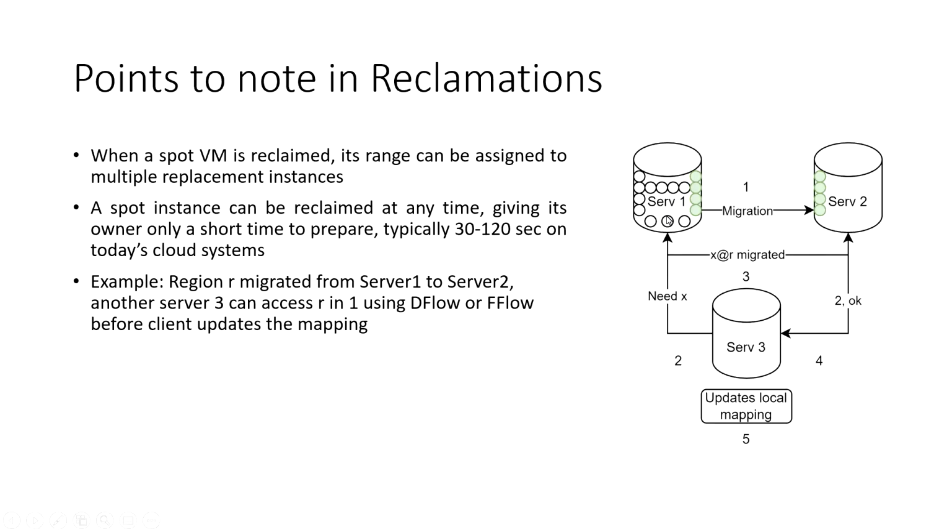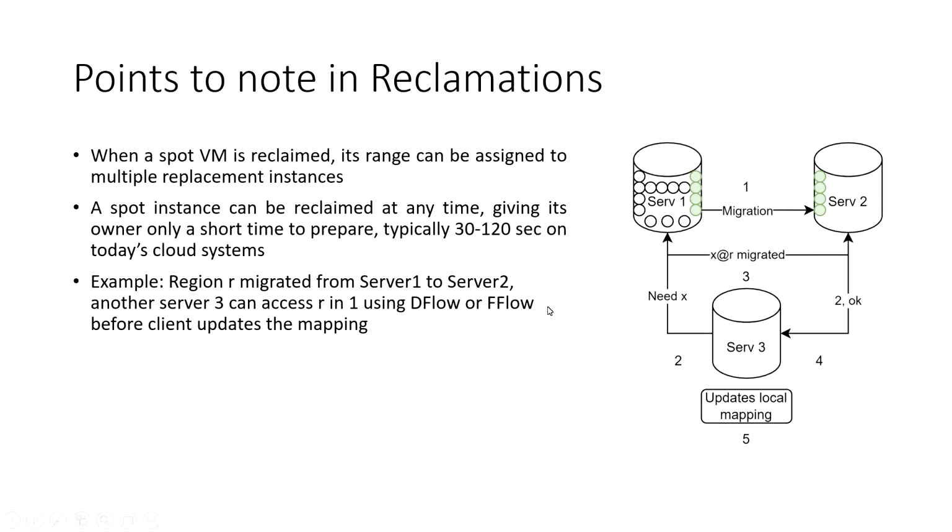Server 1 will have a predefined tombstone that directs the addressing of that region to server 2's region address, so that server 3 can get directed to server 2 directly when it is trying to access a region that is already migrated. Then server 2 responds to server 3, and server 3 knows it needs to update its local mapping, and it does so accordingly.